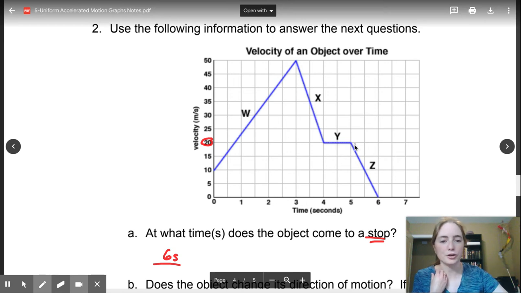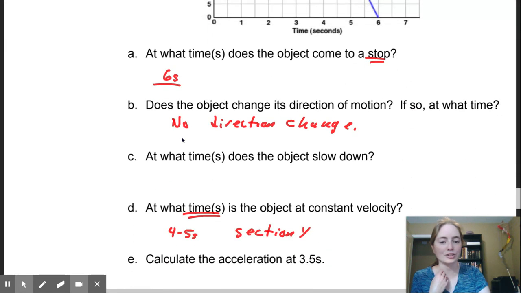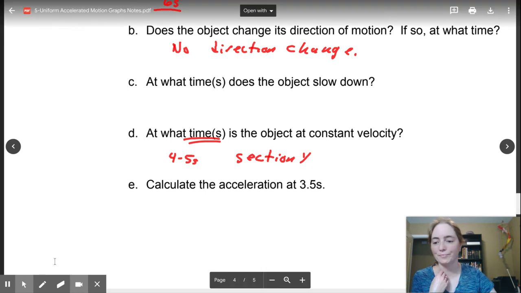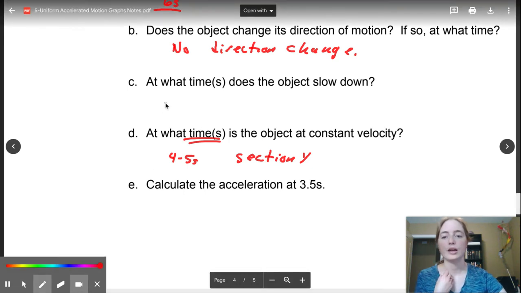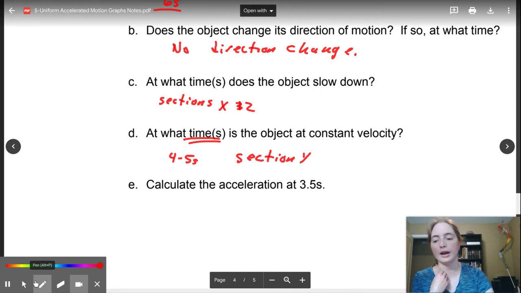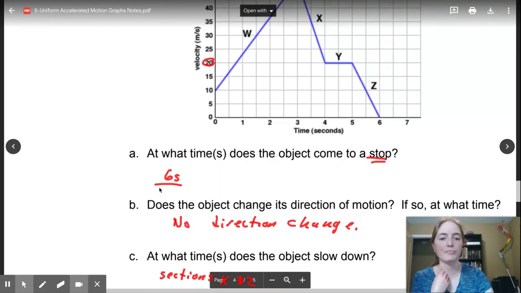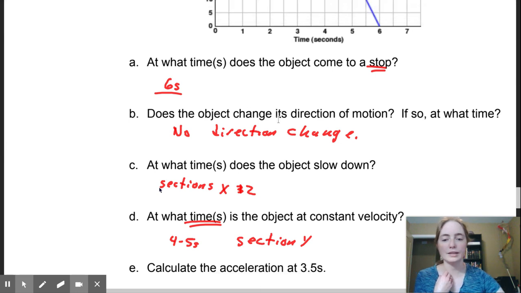Here's my velocity, the velocity is going down. That, ladies and gentlemen, is your sections X and Z. And just so I am not cringing at my own notes, I'm going to write down the appropriate time. So times 3 to 4 seconds.